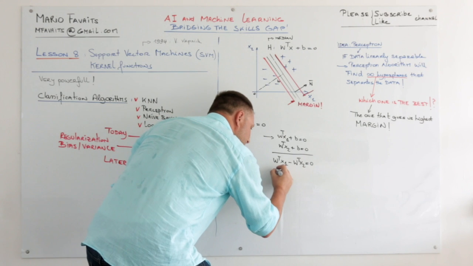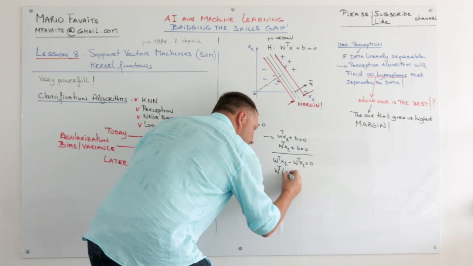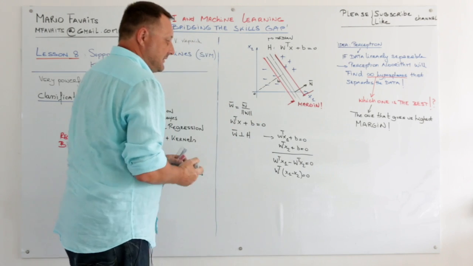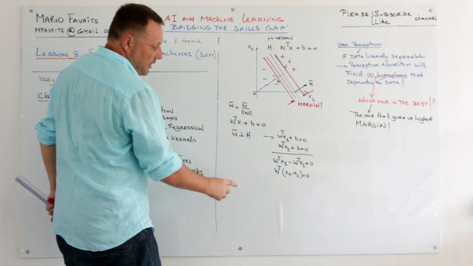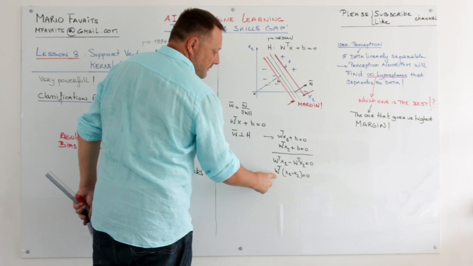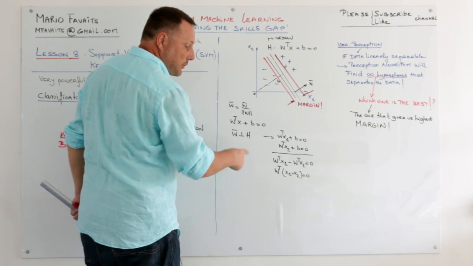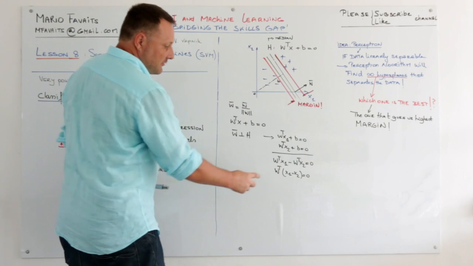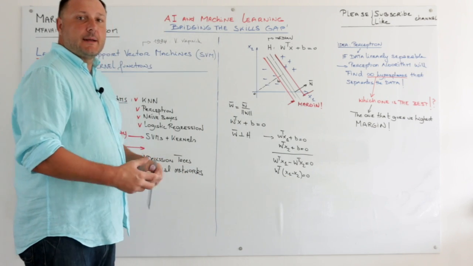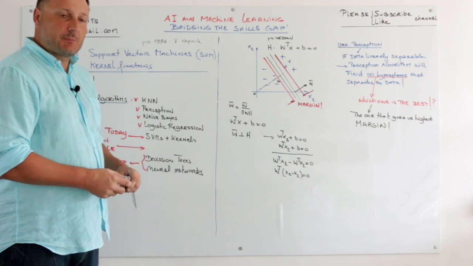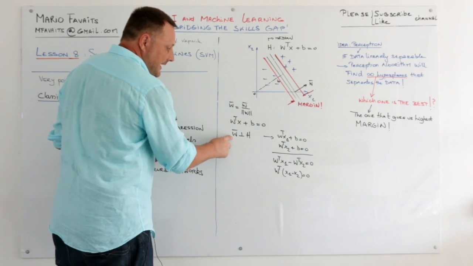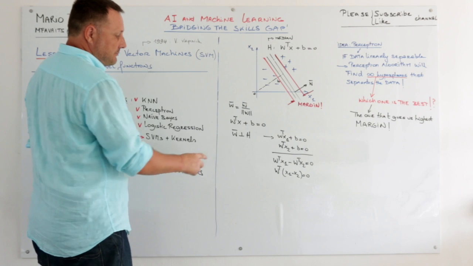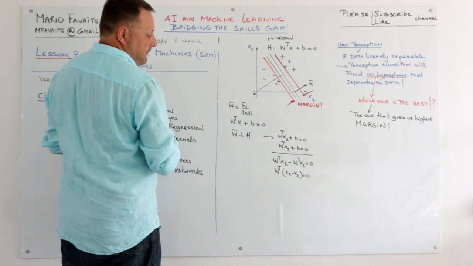So that means that w transpose (x1 minus x2) equals 0. And a dot product being 0 means that w is perpendicular to x1 minus x2. But x1 minus x2 is a vector along the hyperplane, because they're both on the hyperplane. So with this we've proven that the unit vector w here is perpendicular to the hyperplane H.